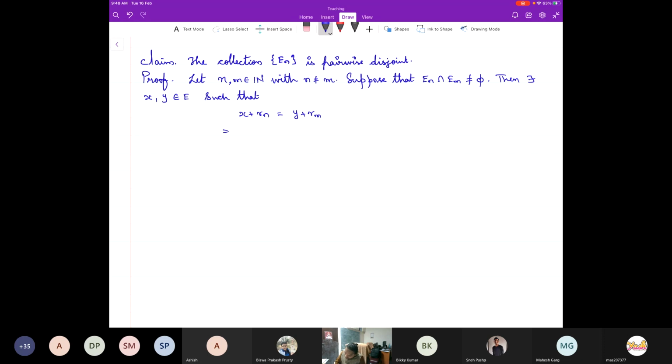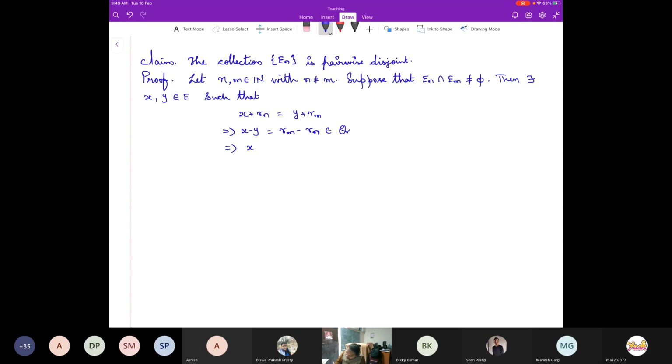That implies x minus y, which will be Rm minus Rn, is a difference of rational numbers and therefore a rational number.